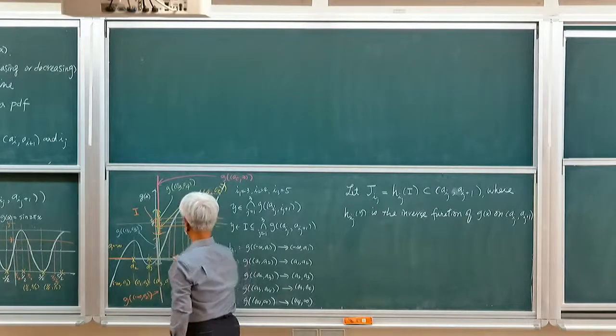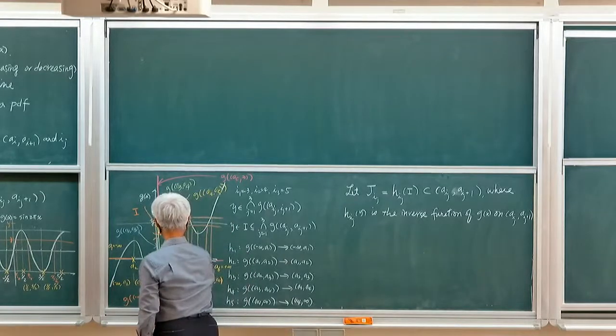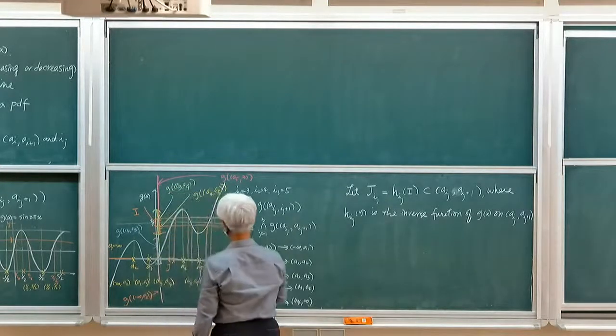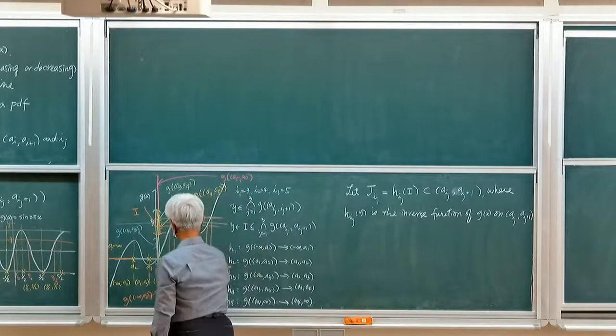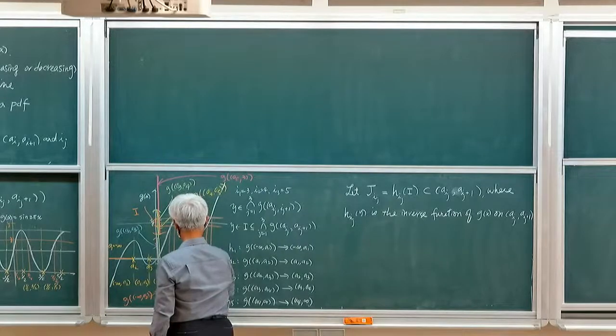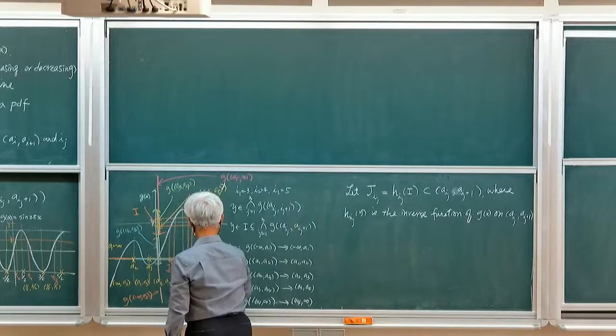So this is J. This is J_i1, this is J_i2, this is J_i3.